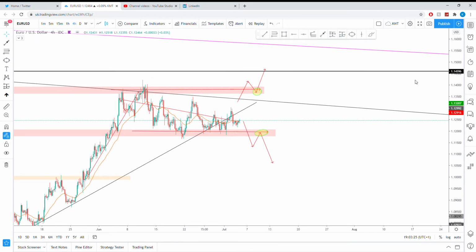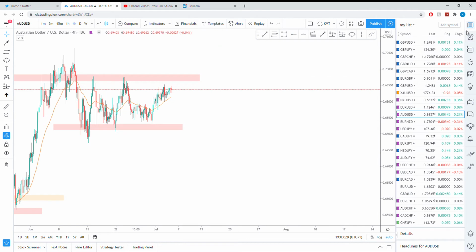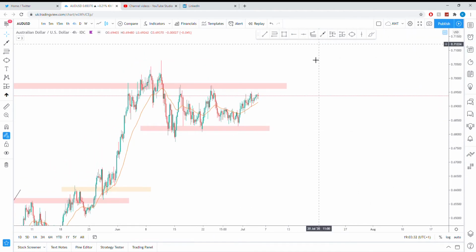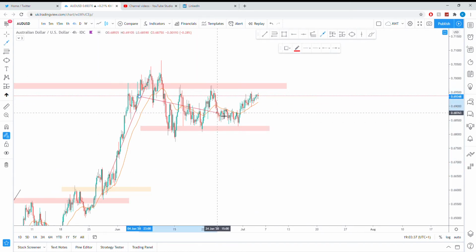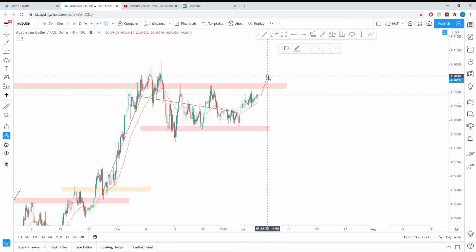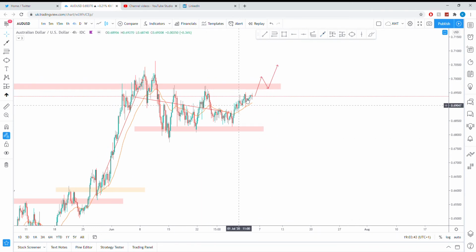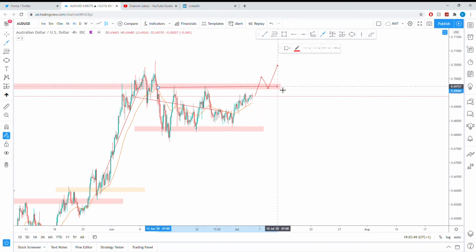Okay, so looking at AUD USD, it's pretty much the same thing. We're looking at this huge push here, a sideways move, and again we're waiting for a break and close above here. Pretty much that's all I'm waiting for. I will be trading aggressively on this level if we do get above this point. This is roughly at 0.698 to 0.696.